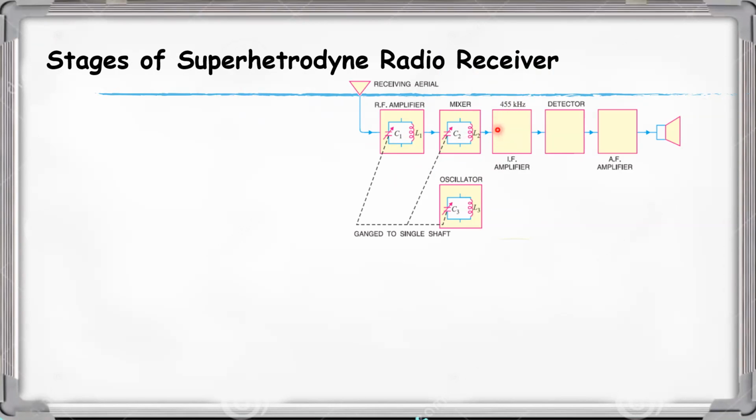It is an intermediate frequency, so we use an IF amplifier here, and this IF signal is fed into the detector, which demodulates the audio signal, and the audio signal is fed into the audio amplifier and to a loudspeaker.